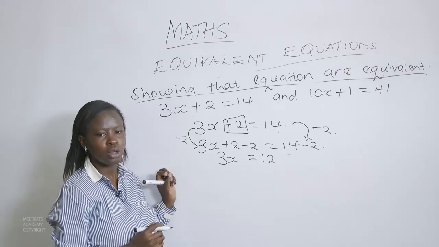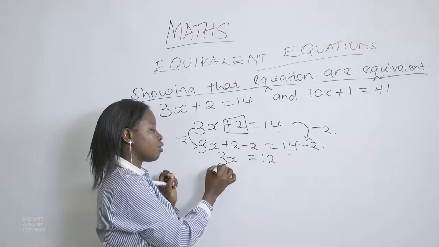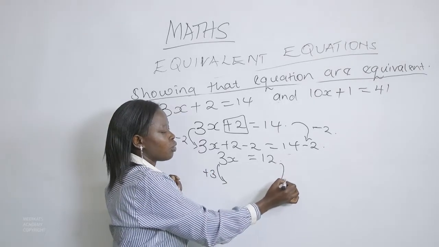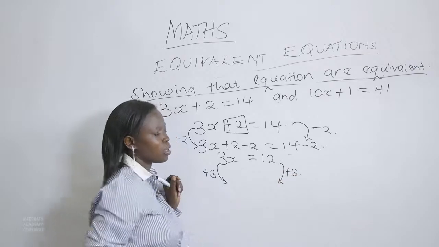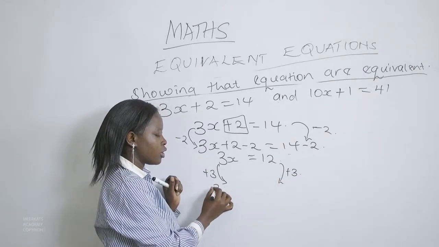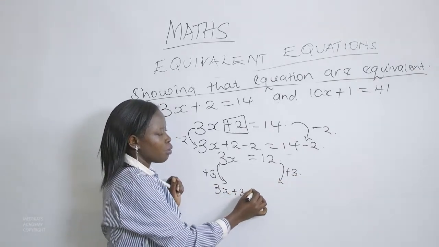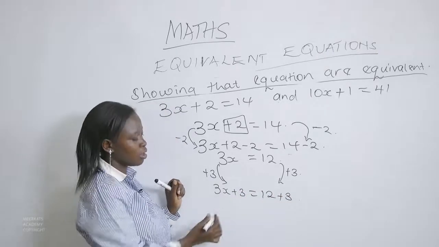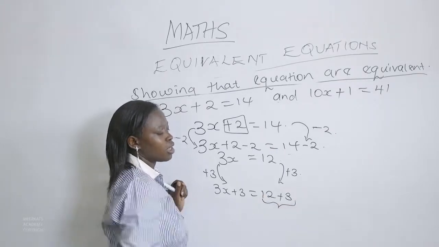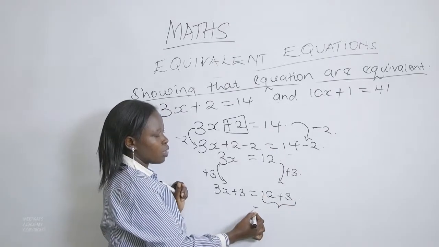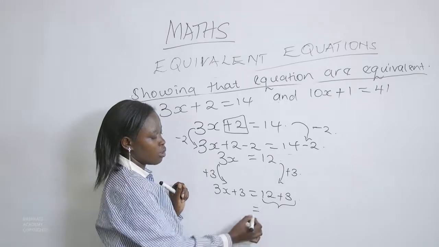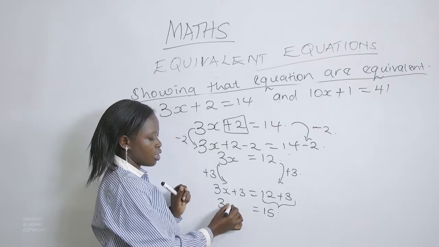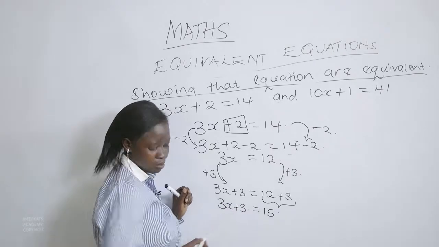If we add 3 on both sides of the equation, supposing we add 3 on this side and add 3 on that side, I will have 3x plus 3 equal to 12 plus 3. On the right-hand side, 12 plus 3 is 15, and on my left-hand side, I have 3x plus 3.